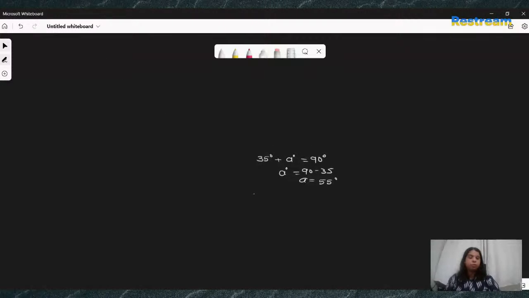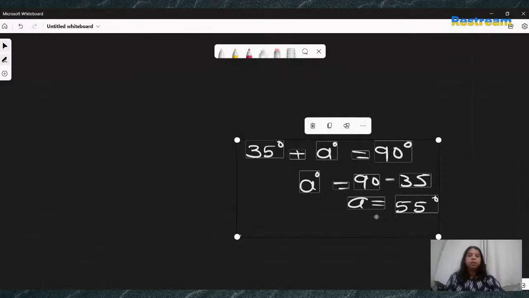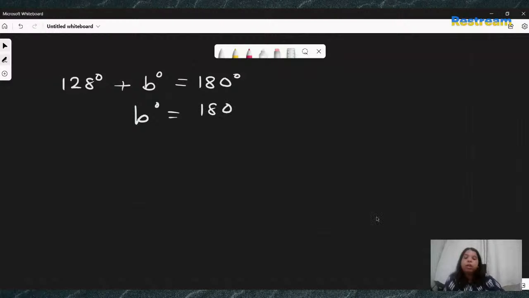Okay. So next one is find the supplementary angle of 128 degrees. When it is supplementary angles, that means 128 degrees plus angle B is equal to 180 degrees. So angle B is going to be 180 minus 128.